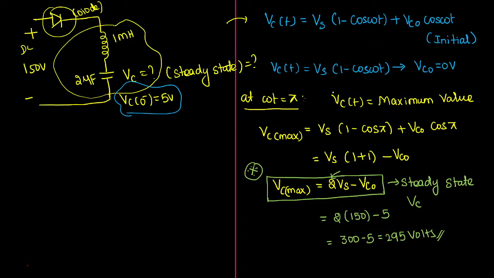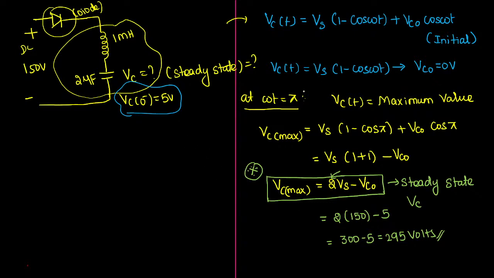So only the steady state voltage will be multiplied by the factor of 2. Then you must subtract the initial voltage from that resultant steady state voltage in order to know the resultant voltage. These things you have to do only when initial voltage is given in your question. If it is not given, then by default you can assume that the initial voltage drop across the capacitor is going to be 0. Okay. So this is all about the given question.